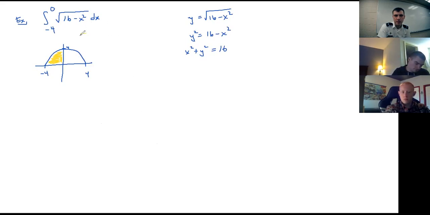So this is going to be equal to, what's the equation for the area of a circle? Pi r squared, right? Pi times 4 squared. And how much of this do I want? 1/4. I want a quarter of my circle. That's going to be equal to 4 pi.